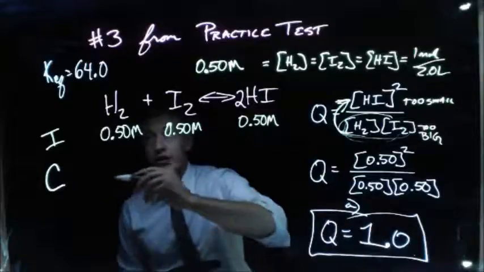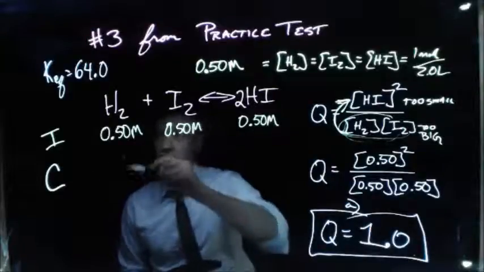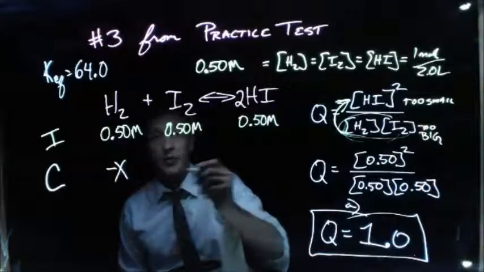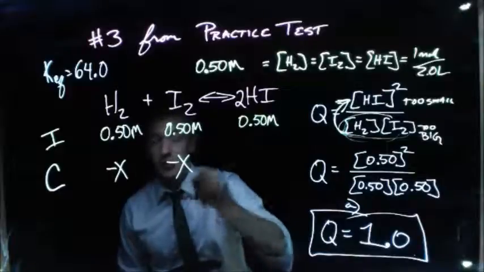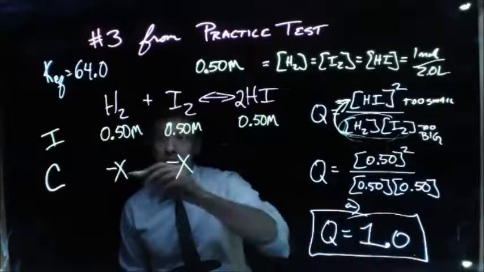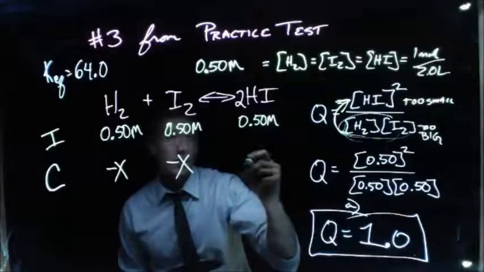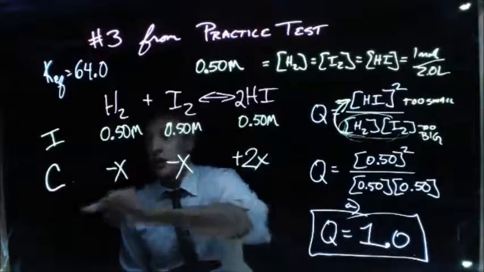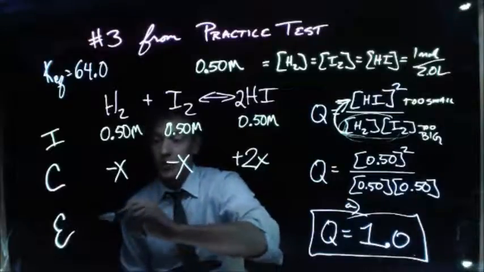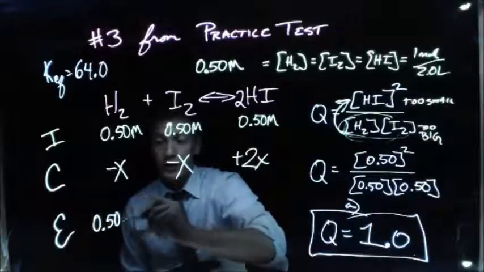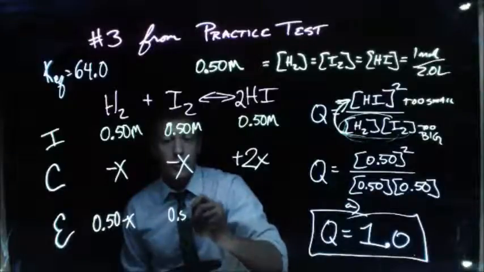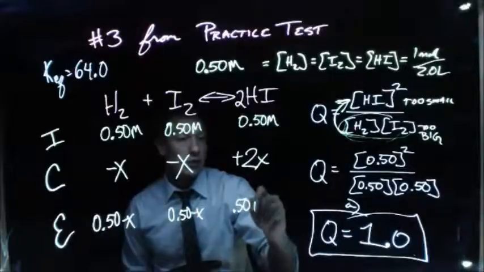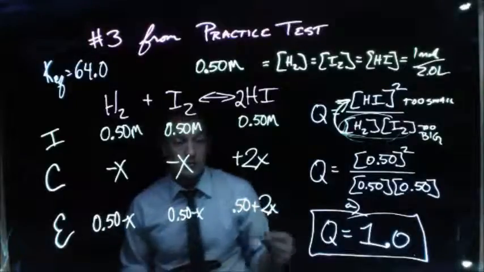The change is going to be, since we said it's going to go towards the products, these are going to decrease by some amount. They would be the same amount, so the same variable can be used, minus x. And for every x amount that H2 and I2 decrease by, HI will increase by 2x. And so at equilibrium, we would have 0.50 minus x, 0.50 minus x, and 0.50 plus 2x.